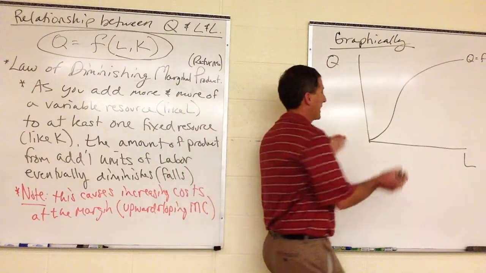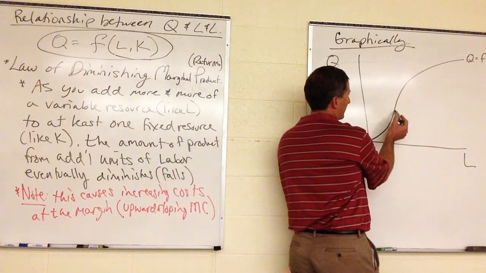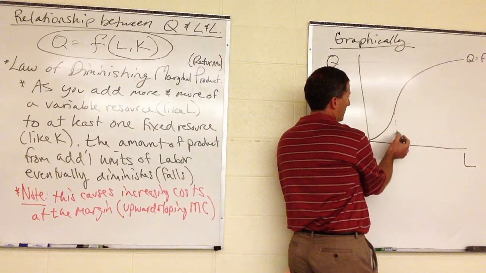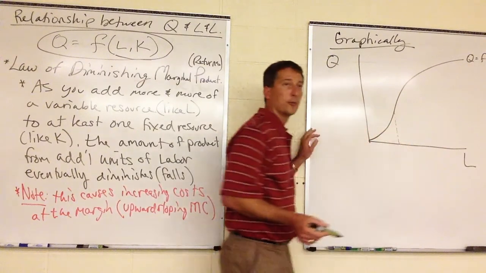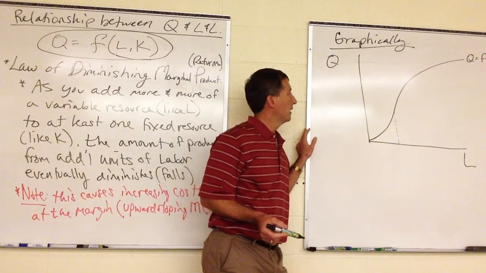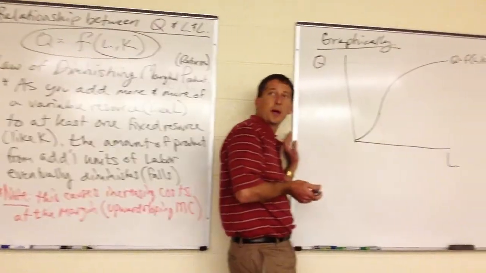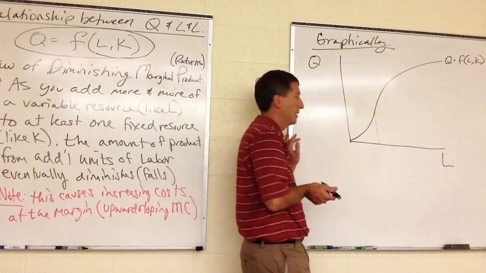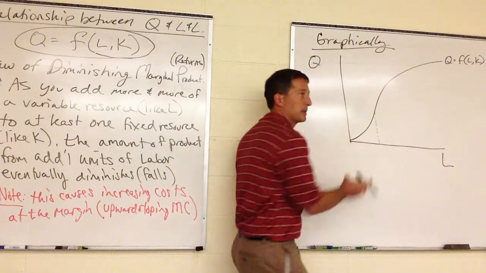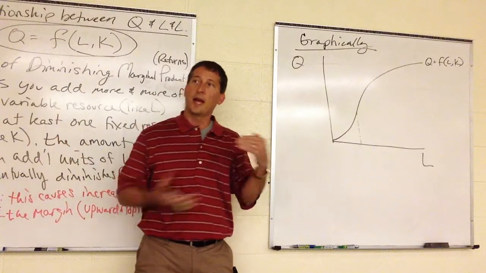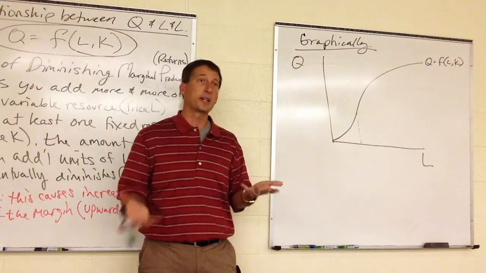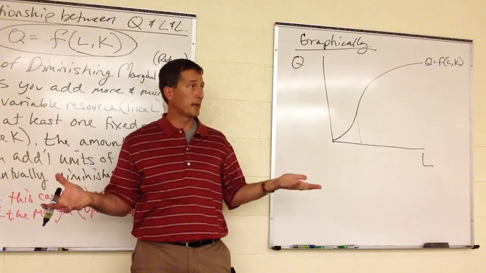And I kind of hesitated a little bit, but we really shouldn't rule this out of what's going on here. And that is possibly some increasing returns at early amounts of the combinations. So as I put a little bit of labor together with capital, extra people could be more productive together than they are independent of each other.